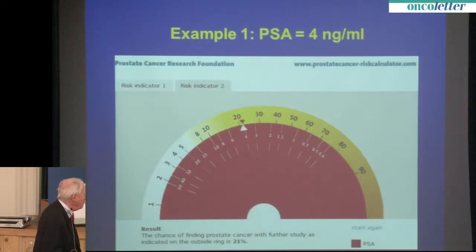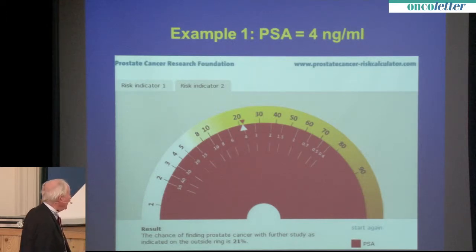This is a patient with a PSA of 4, as I have often seen it in my practice. And if you do a biopsy on this man purely on the basis of the PSA 4, his chance of positive biopsy is 21%.